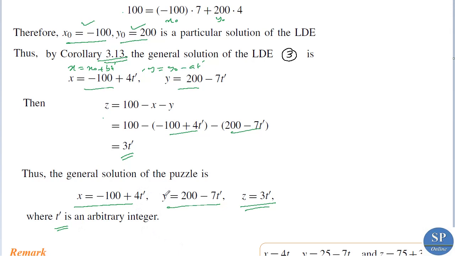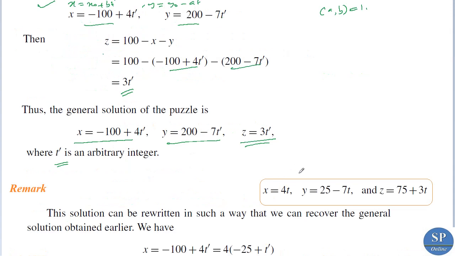So we obtain this as our solution. Here the general solution has this form because the GCD of a and b is equal to 1. Now we already solved this puzzle in lecture 20 and we obtained the solution as x equal to 40, y equal to 25 minus 7t and z is equal to 75 plus 3t in lecture 20.